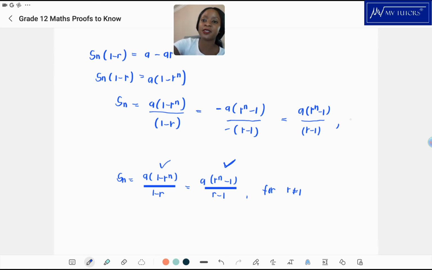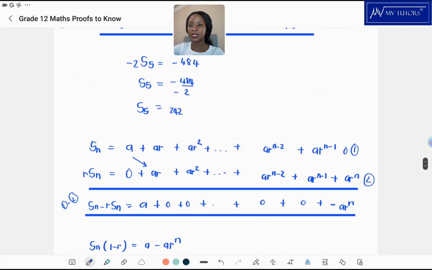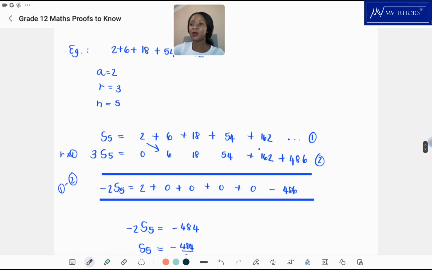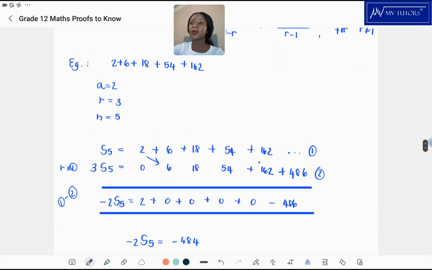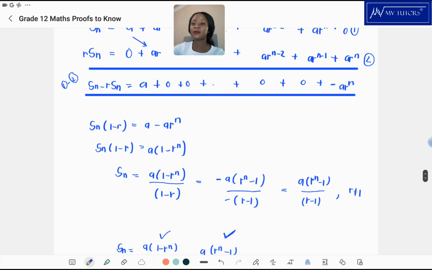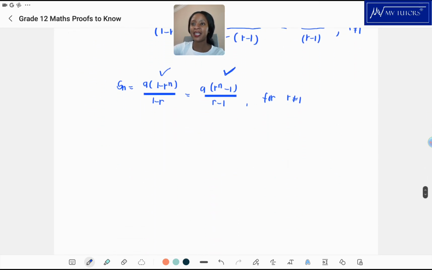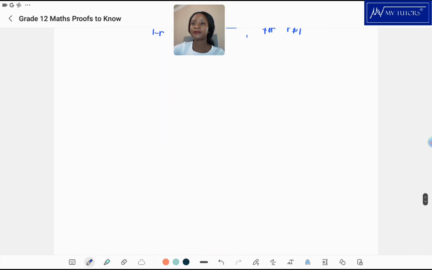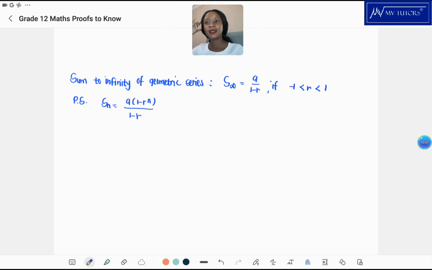We should just remember that r should not be equal to 1, because if r is equal to 1, then you have an undefined formula, and you're never going to get to a solution. If you put that in your calculator, you're going to get a math error. So I hope you understood the arithmetic and now the geometric. I hope using values first kind of helped. So that is for the geometric, and now we're going to head over to the sum to infinity.